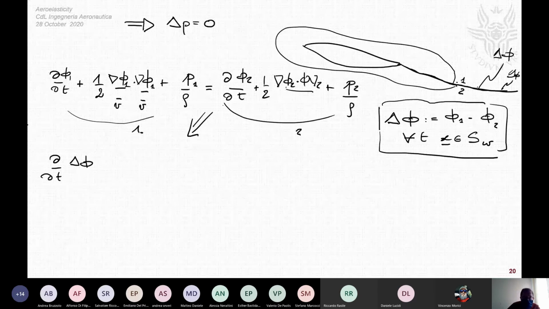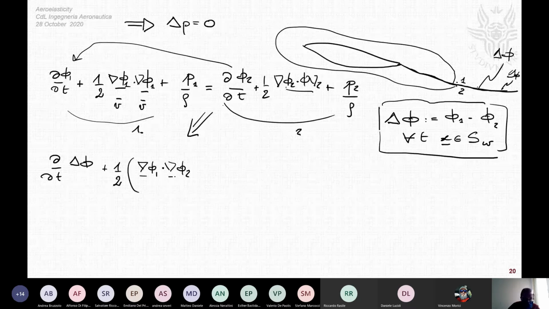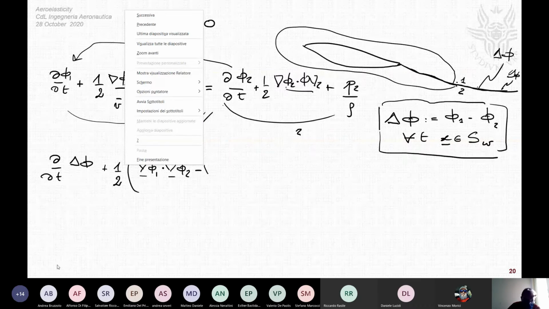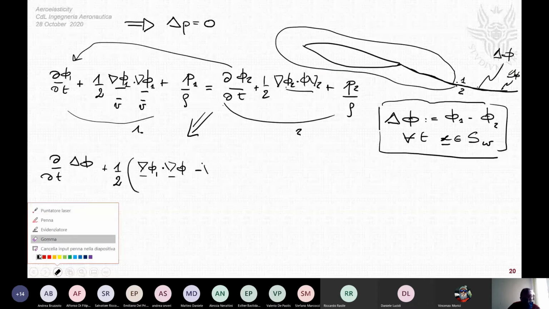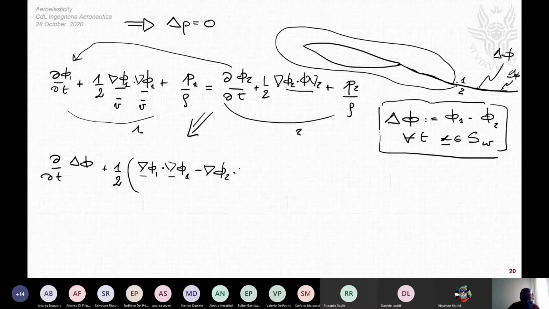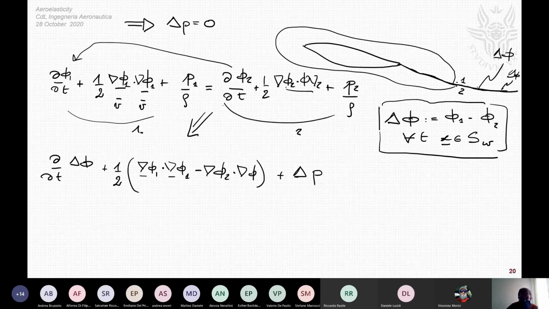So if you move this quantity to the left-hand side, you have this plus 1/2 the gradient of phi1 dot the gradient of phi1 minus the gradient of phi2 dot the gradient of phi2, and plus delta p equal to 0, where this is p1 minus p2.